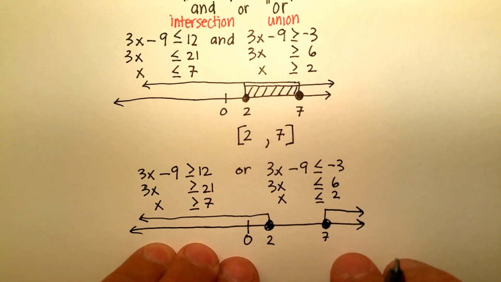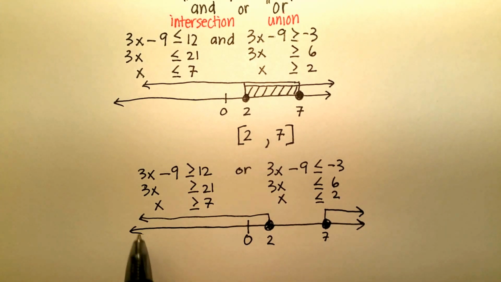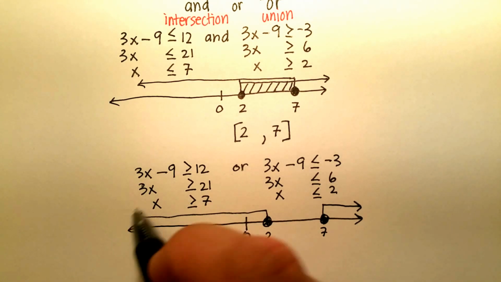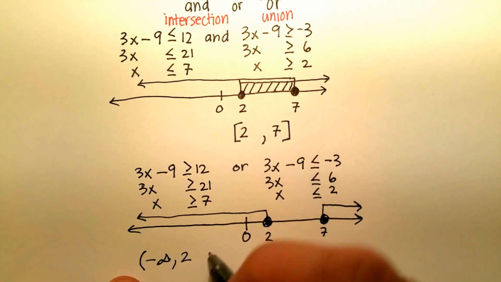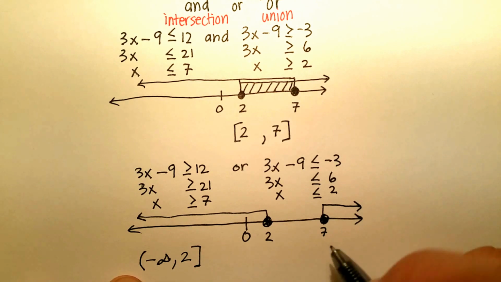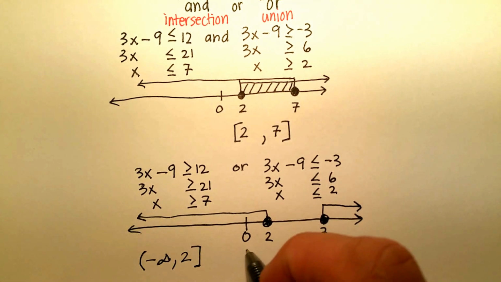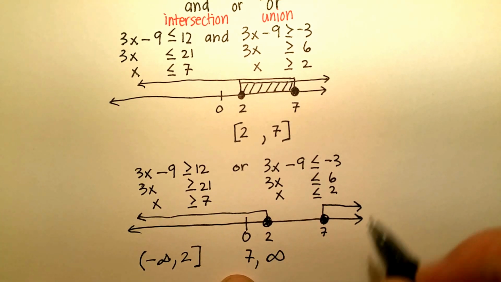So what I have to do is write each one of these using interval notation. Negative infinity in the far left goes all the way up to 2. This has an open end because it keeps on going, so I use a parenthesis. This one has a closed end, so I use a bracket. This graph here starts at 7. The far right is an open infinity.